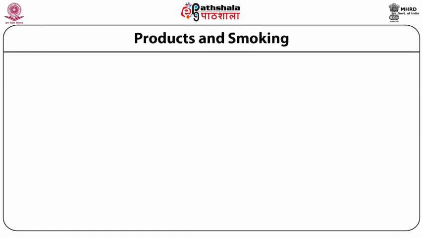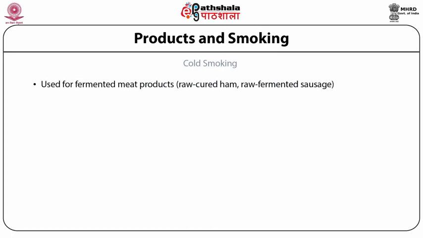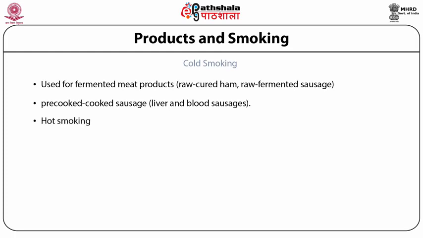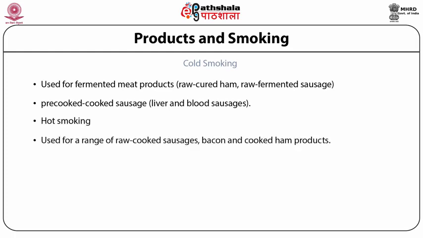Smoking and products. Cold smoking can be used for fermented meat products like raw cured ham, raw fermented sausage, and for pre-cooked or cooked sausage like liver and blood sausage. Hot smoking can be used for a range of raw cooked sausage, bacon, and cooked ham products.